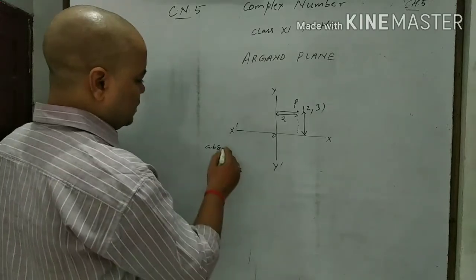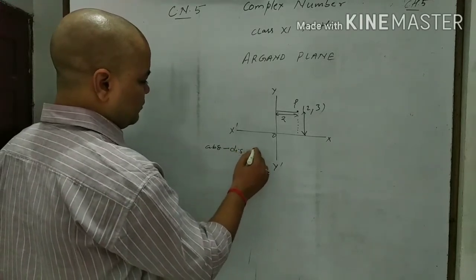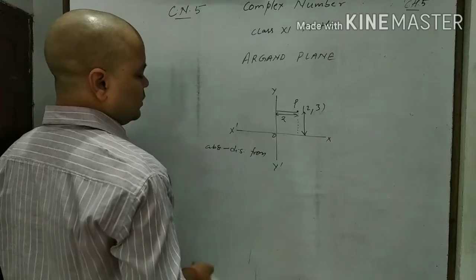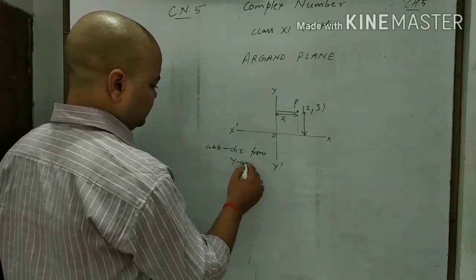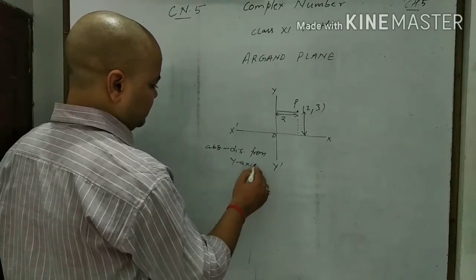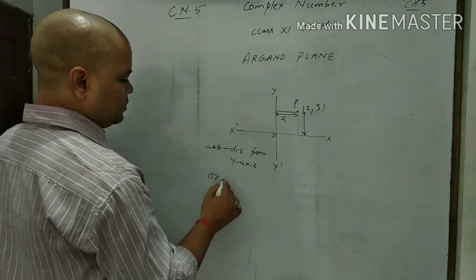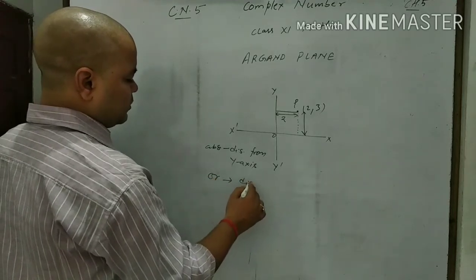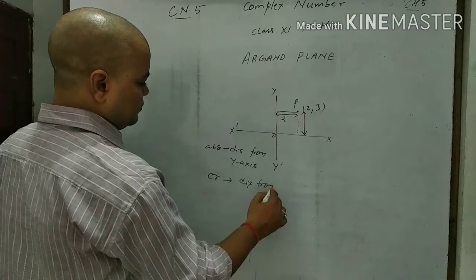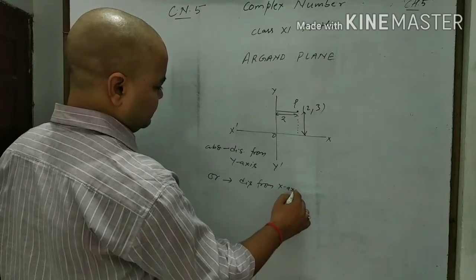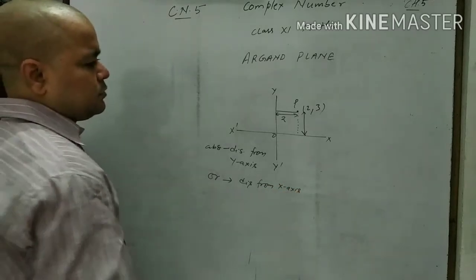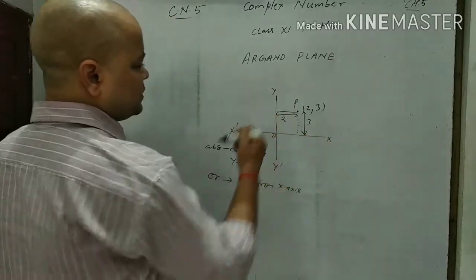Abscissa means the distance from the y-axis, and ordinate means the distance from the x-axis. So this distance is 3 and this distance is 2.